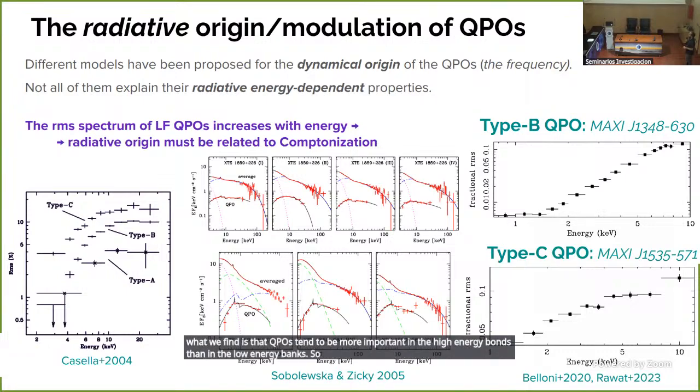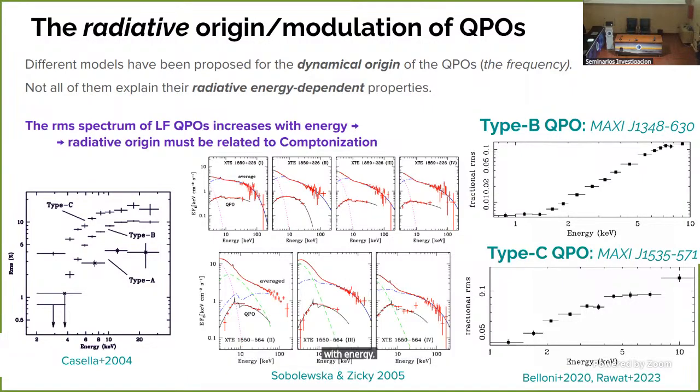So the amplitude of the QPOs increases with energy, which somehow tends to point to the idea that the Comptonization process must be playing an important role in shaping the energy dependence of the process, because contrary to the accretion disk, Comptonization is important in the hard energy band.